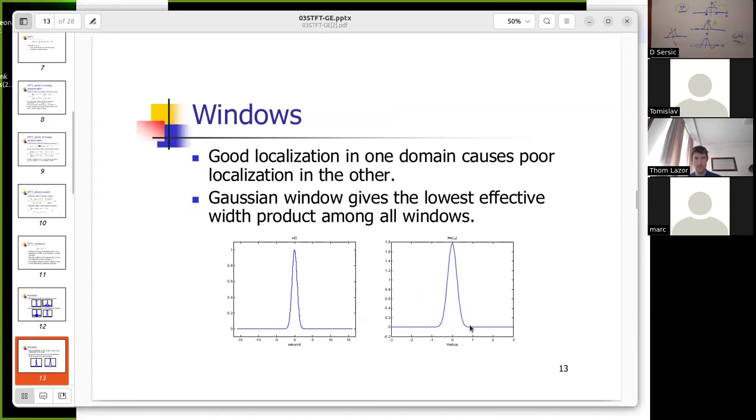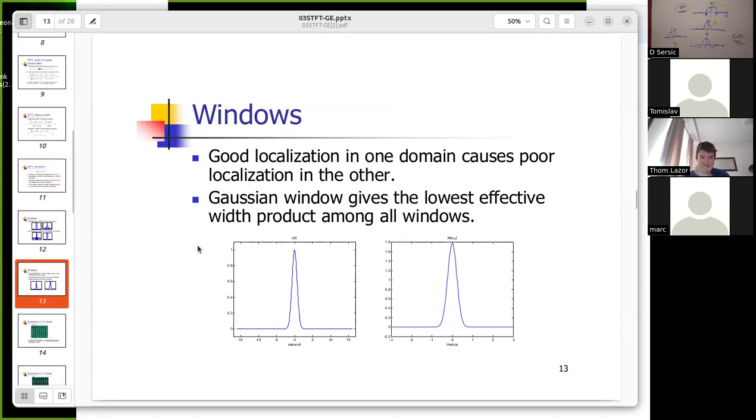Of course, if you have chosen the Gaussian, in that case you have Gaussian in the spectral domain as well. But what happens if you squeeze the left-hand one? Okay, the right-hand one will be wider. So a shorter window in the time domain, or better resolution in the time domain, corresponds to a worsening of the resolution in the frequency domain.